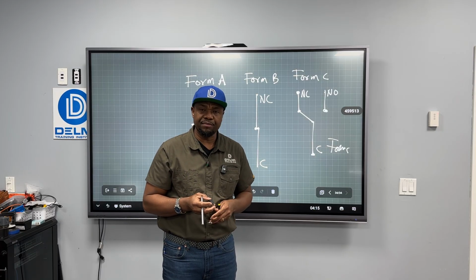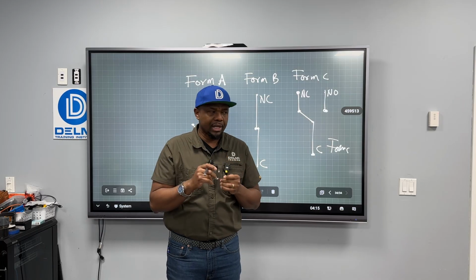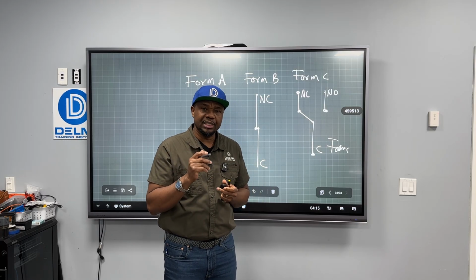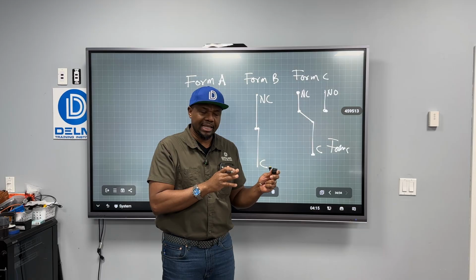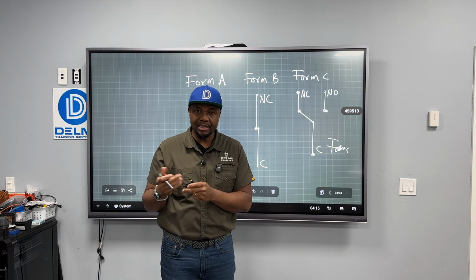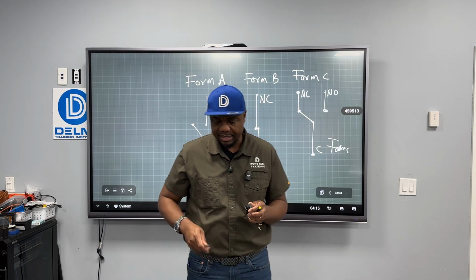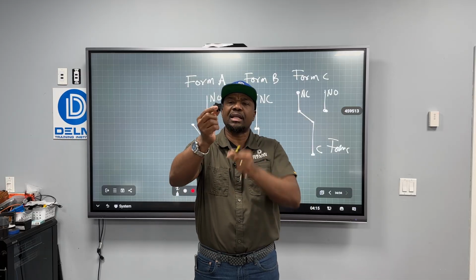Yesterday we learned about different types of mechanical switches. We learned that switches that do not maintain their state are called momentary switches, and the ones that maintain their state are called maintain switches. So what is an example of a maintain switch? Let's take a look at this switch, for example.